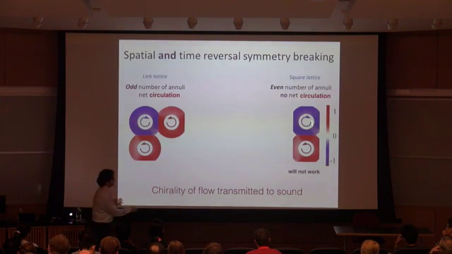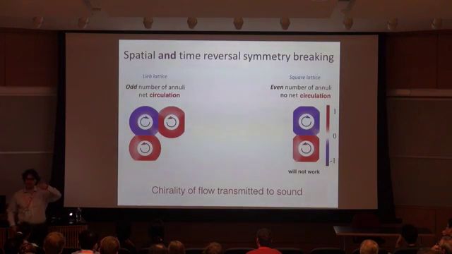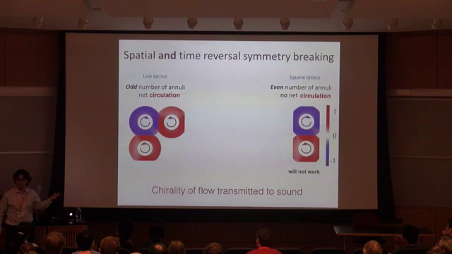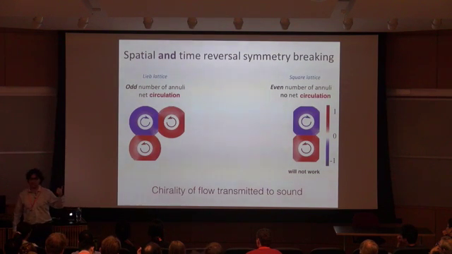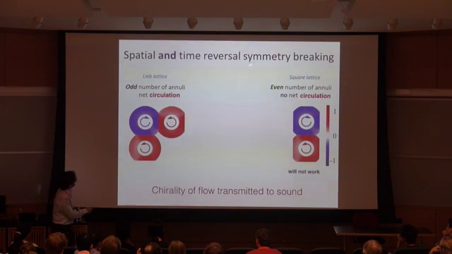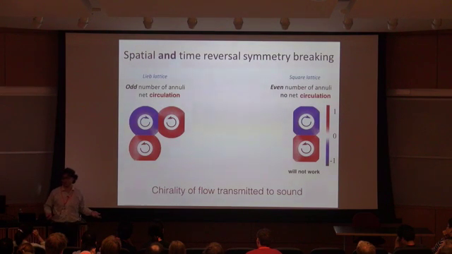But if the unit cell is symmetric like this, flipping the arrows doesn't mean flipping the net vorticity, because the net vorticity was zero. So in order to find a net vorticity per unit cell, which is equivalent to a net magnetic field in the electronic system, you need to break both the genuine time reversal symmetry and also some spatial symmetries. So this would have not worked on a square lattice, would have not worked on many lattices.